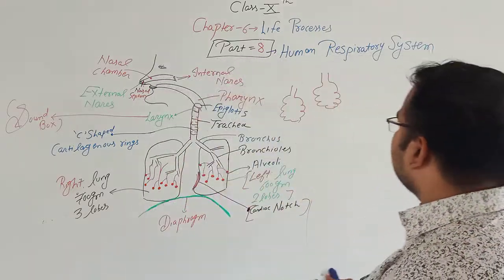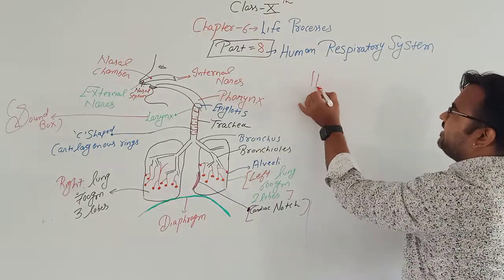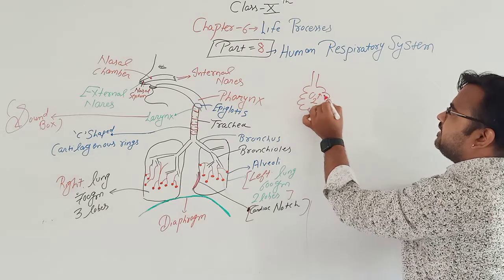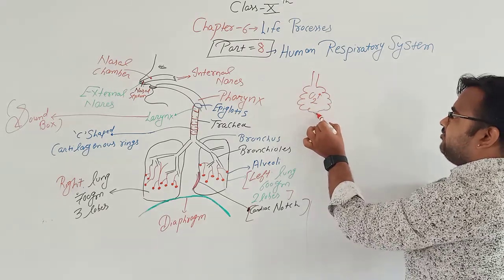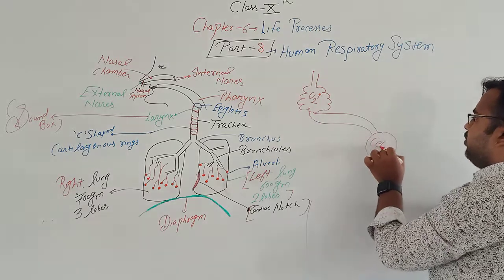We can understand it this way. Suppose this is the alveoli and oxygen is filled into the alveoli. From the alveoli the blood vessel will go to the body cell.